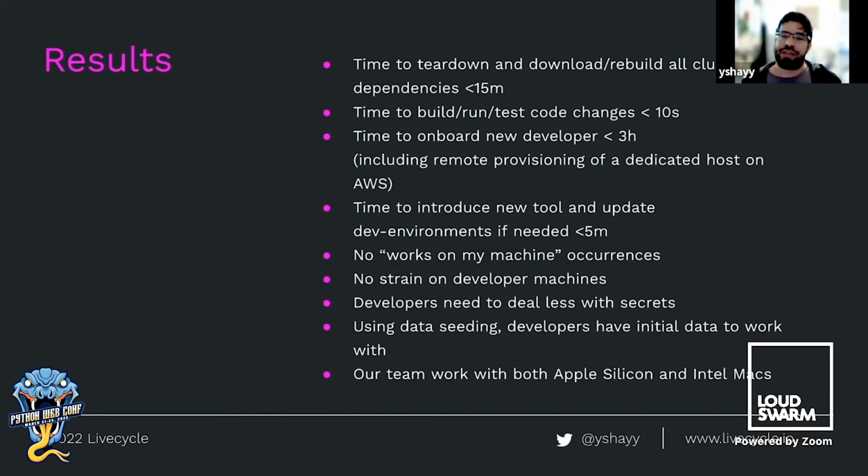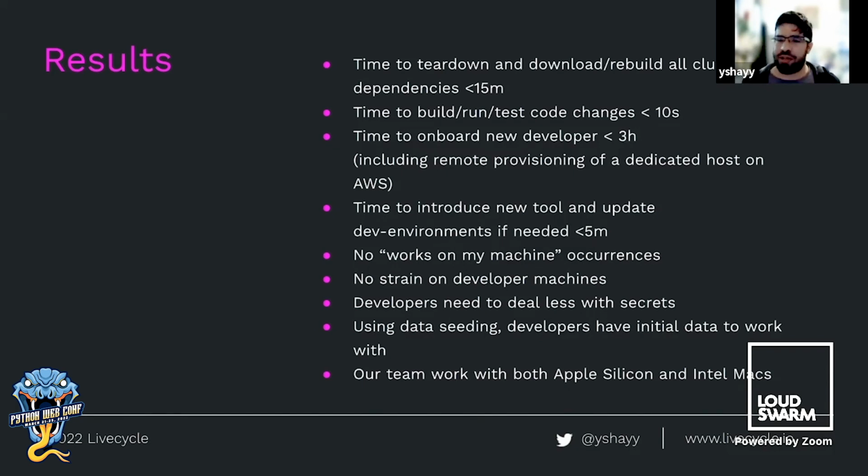For setting up the developer machine in that case, the time to build, run and test code changes is less than 10 seconds. Time to onboard a new developer is less than 3 hours, including remote provisioning of a dedicated host on AWS.